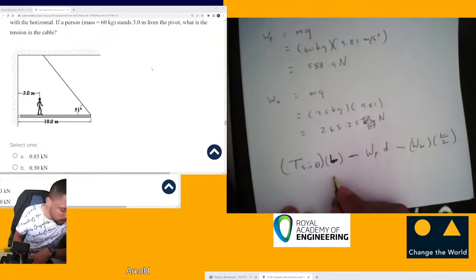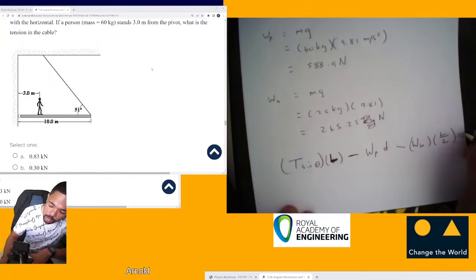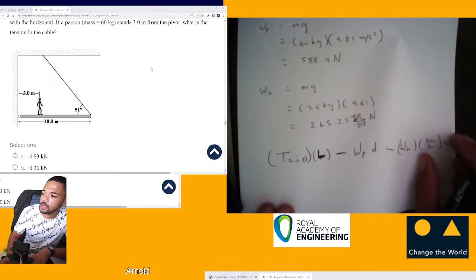Now we have everything to work out, and they should all sum to 0 because it is in equilibrium.